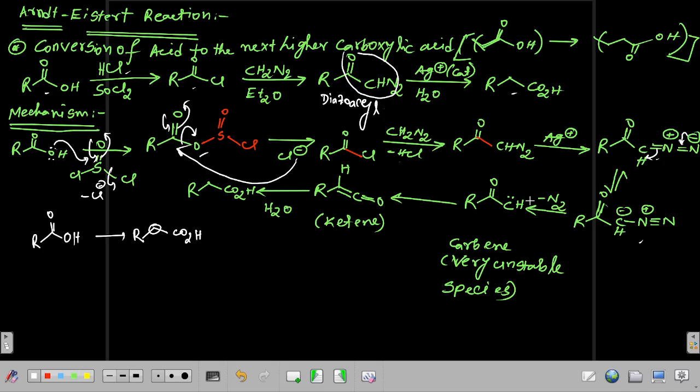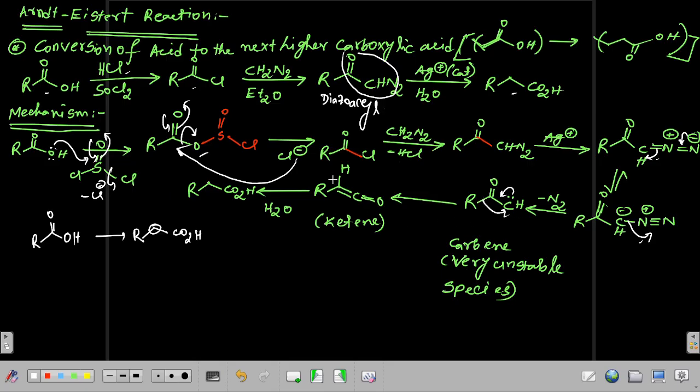Next step, it leads to the removal of the nitrogen, and it leads to the formation of a carbene, and this carbene is a very unstable species. So this lone pair on the carbon will shift here, and this alkyl group will shift to the carbon.